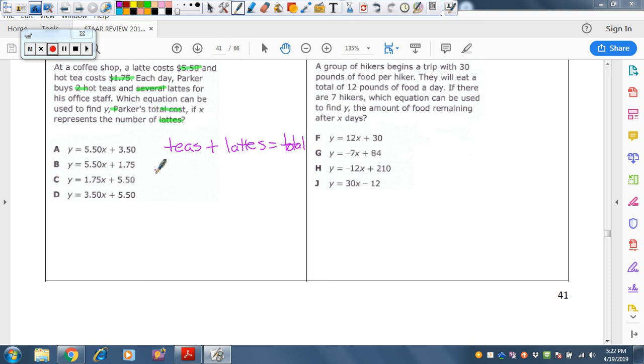We know how much the teas cost. He buys 2 teas, and they're each $1.75. We don't know how many lattes he buys, but we know it's X. So it's going to be $5.50 times X lattes. And that's going to give us Y, our total.